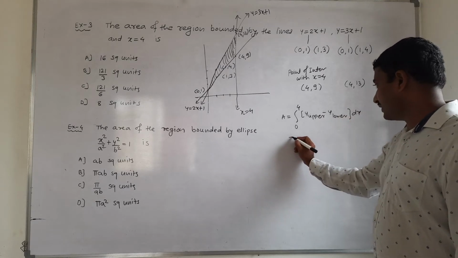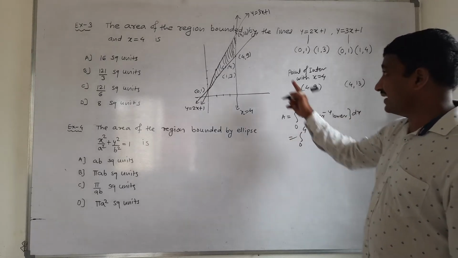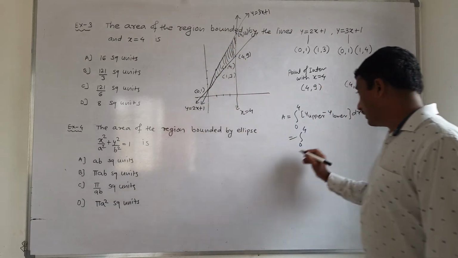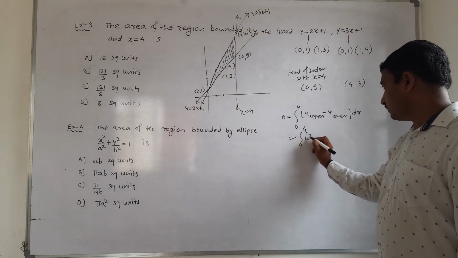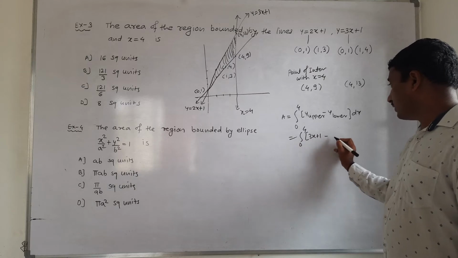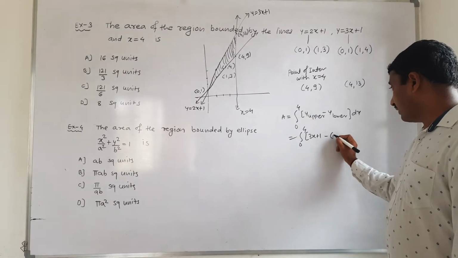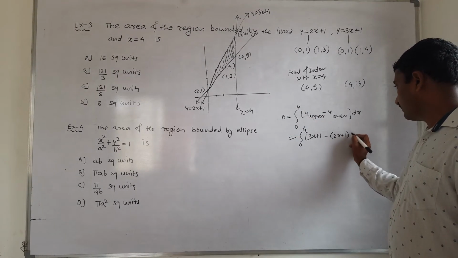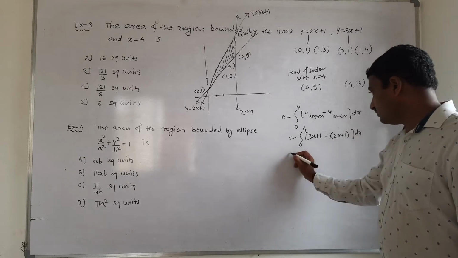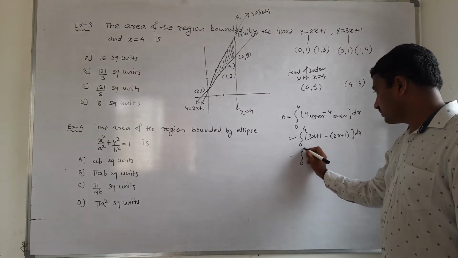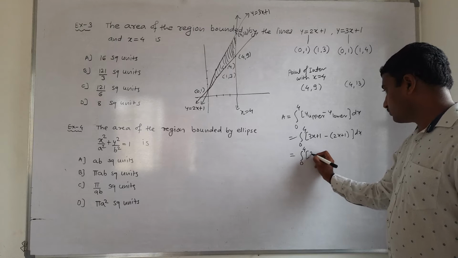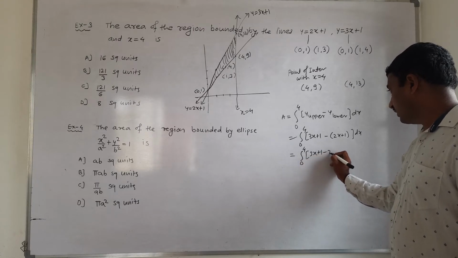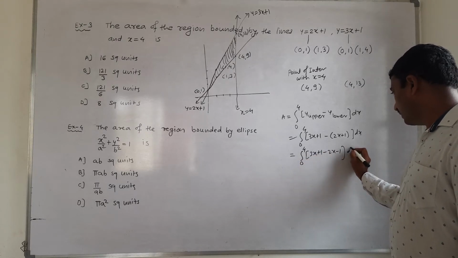On the upper side is the line 3x plus 1, minus the lower side, the line 2x plus 1, dx. That is, integral from 0 to 4 of 3x plus 1 minus 2x minus 1 dx.